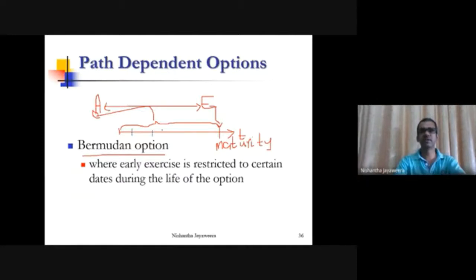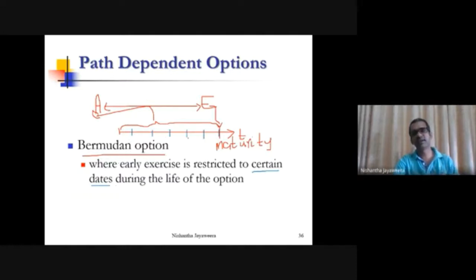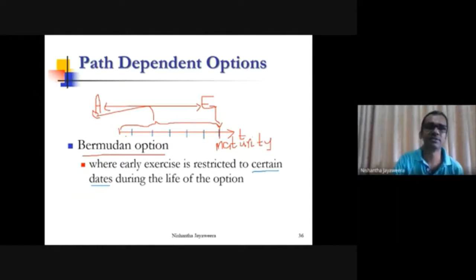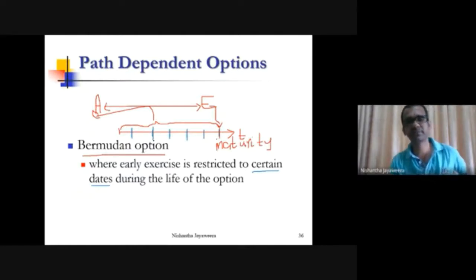So they decide, sometimes maybe every month or something like that, certain dates are fixed. On any of these dates, the buyer can exercise the right, not in between these, either here or here or here, likewise. But in American, it's continuous, anytime you can exercise your right. Basically any day.